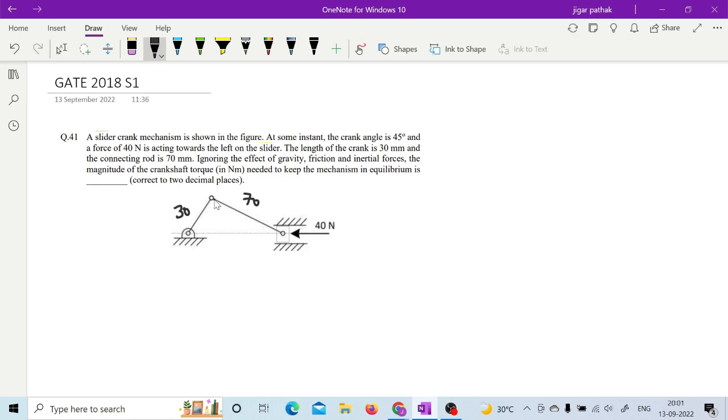So if you consider this as beta, right, let us say, and this as theta, then as we have equated this y, it is equal to this 30 sine theta equal to this 70 sine beta.